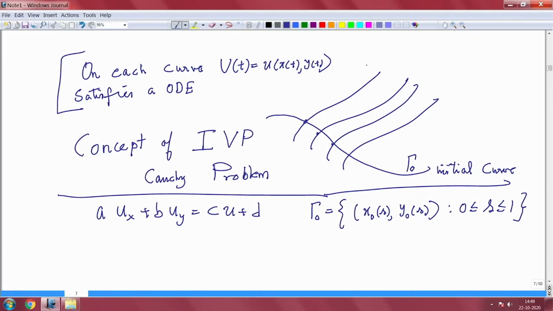So, understanding this characteristic curve is quite important. On gamma naught, x naught(s), y naught(s) is given to you, which means the initial curve gamma naught is also given to you. So, you should understand what is given: the initial curve is also given.